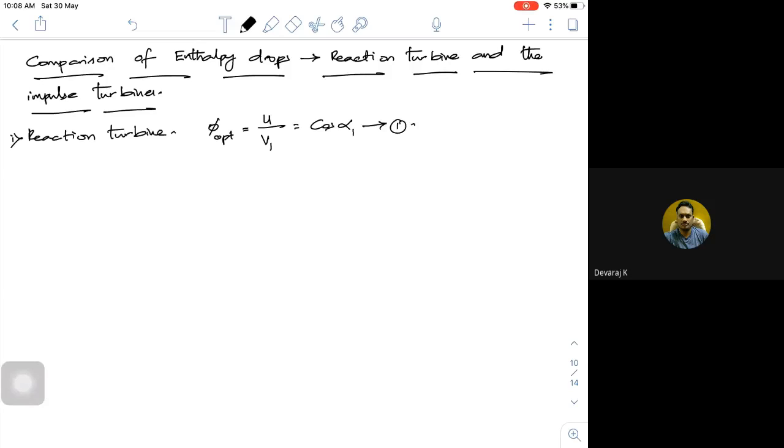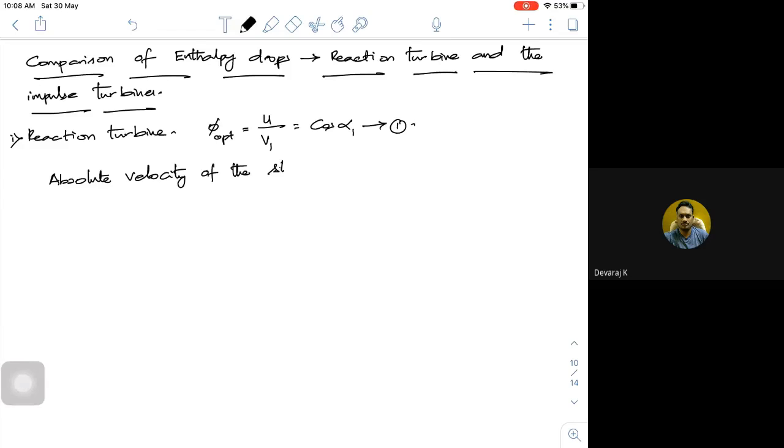Also, what is the absolute velocity of the steam?